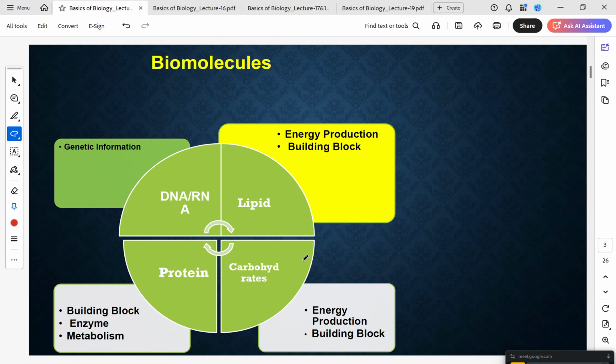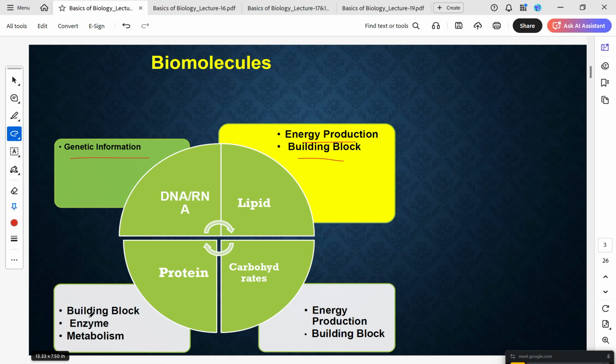These are generally of four types: nucleic acids, lipids, proteins, carbohydrates. Nucleic acids store the genetic information, lipids are usually used for energy production and as building blocks in a lot of structures within the cell. Proteins also are used to build a lot of the portions in the cell.